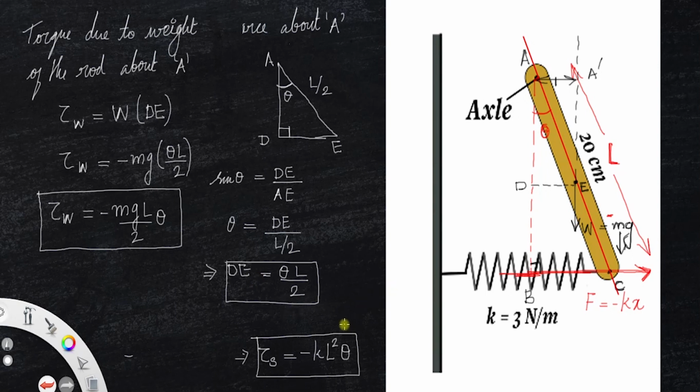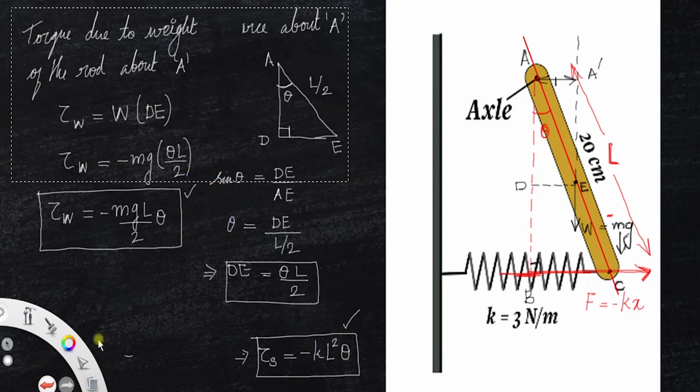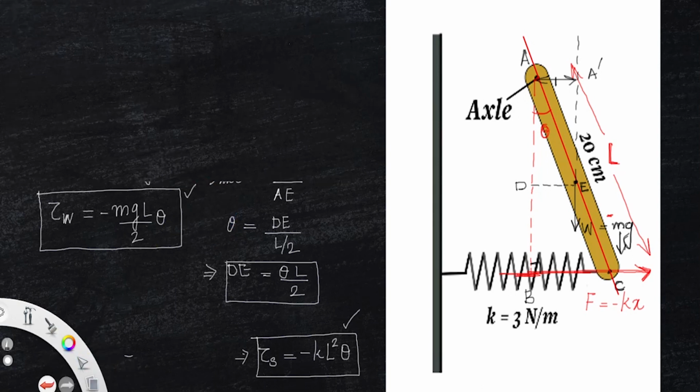Now we have two torques, the torque due to spring force and the torque due to weight. Now we can write the total torque, or the net torque, acting on the rod.